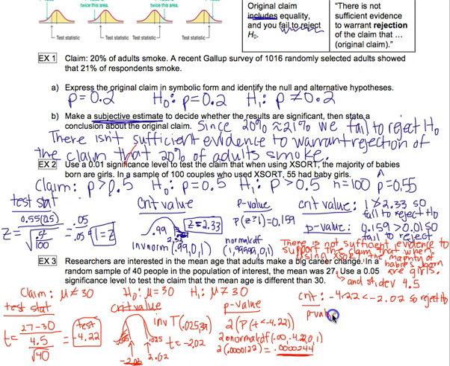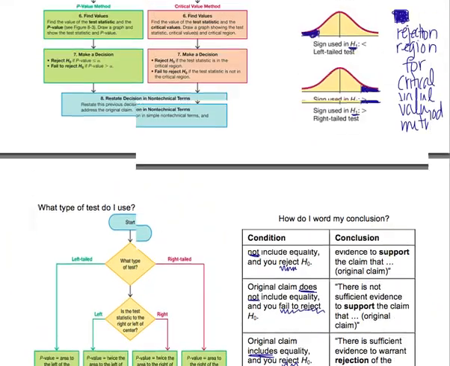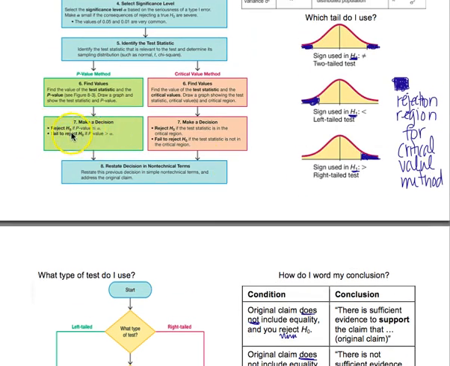For the p-value method, remember that what we're looking at is whether the p-value that we got is less than or greater than our significance level. So in this case, our significance level was 0.05. So my p-value, which is this guy, is less than 0.05, which means, again, eventually you'll just know this, but for now, if you look here, p-value less than or equal to alpha means reject.